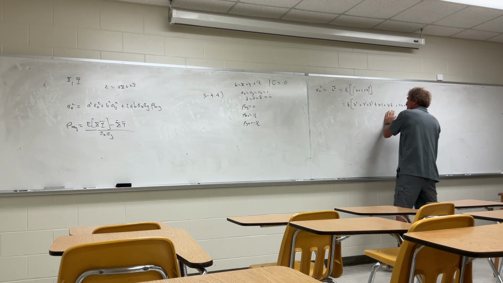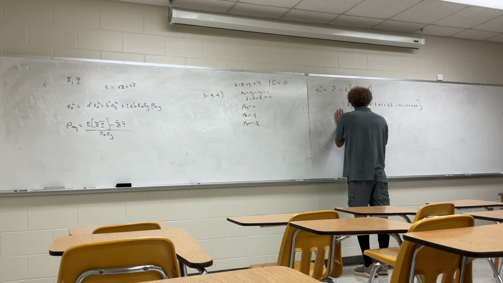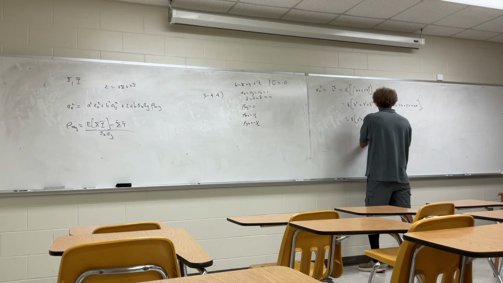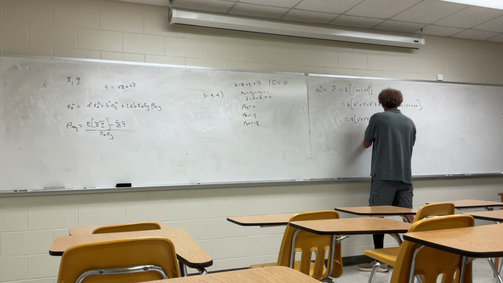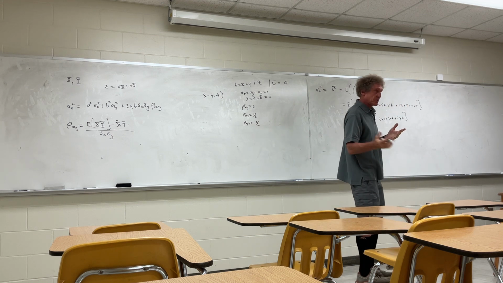At the end of the day, you're going to get the expected value of X squared plus Y squared plus Z squared plus 2XY plus 2XZ plus 2YZ. Now, I'm going through that kind of fast, but y'all follow me on this?